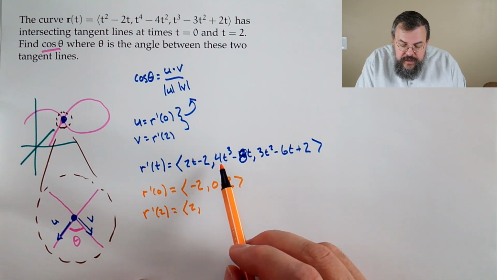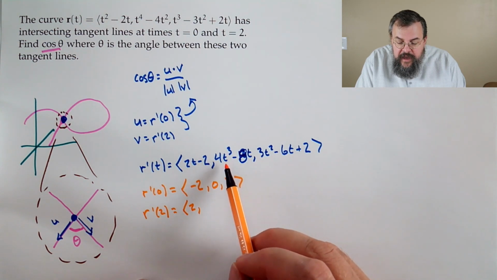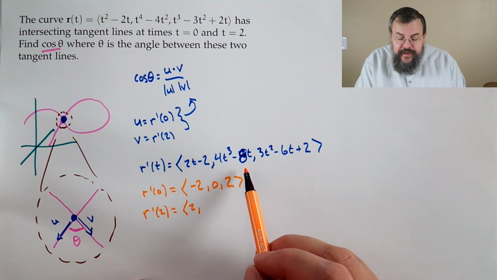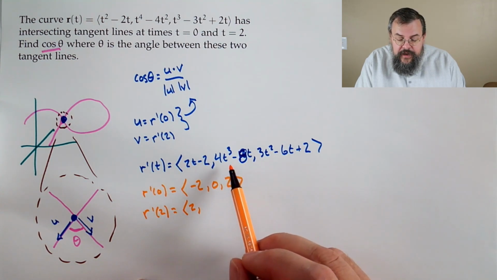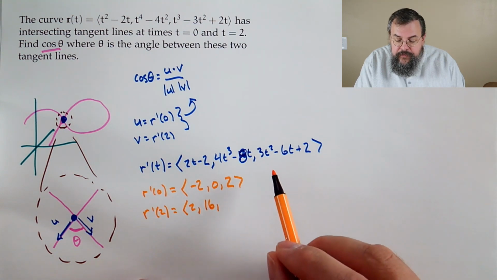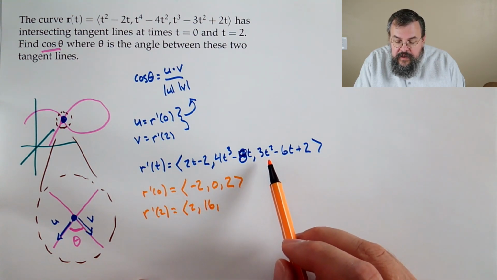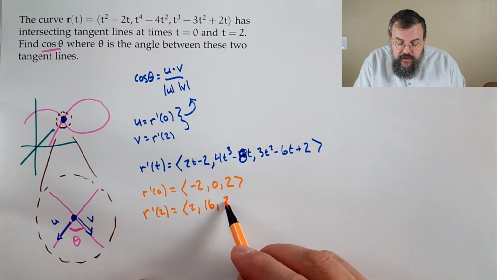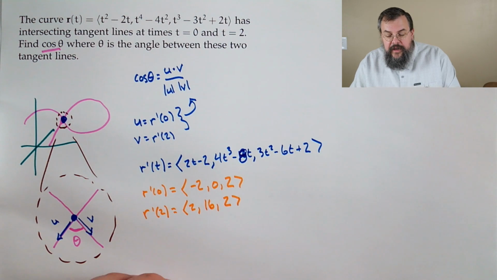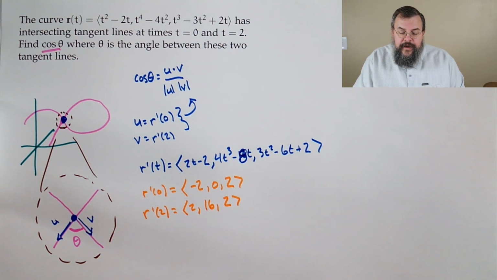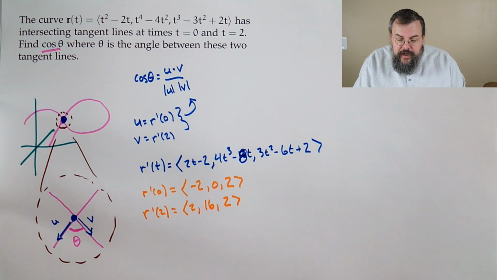And here, 2 cubed is 8 times 4 makes it 32. 8 times 2 is 16. 32 minus 16 is positive 16. Now, 12 minus 12 plus 2 is 2. All right, and there we go. We're almost there.